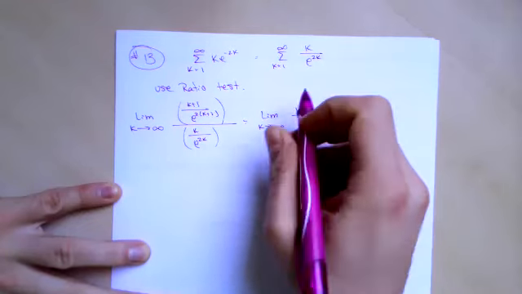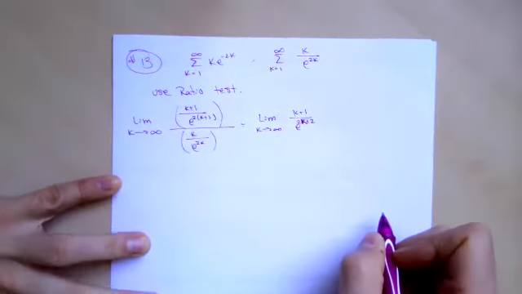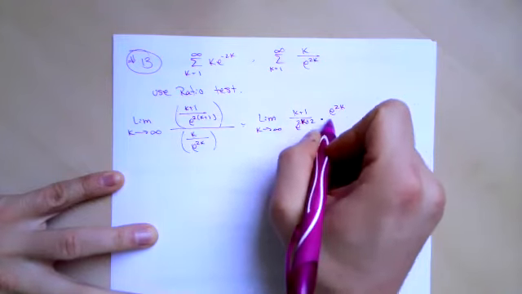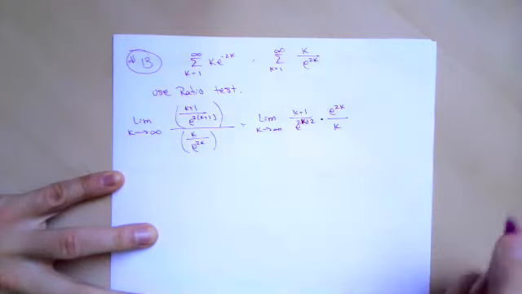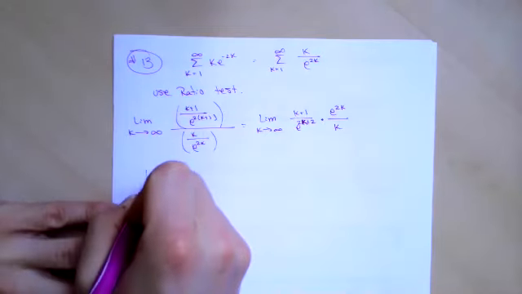Let's go ahead and simplify that. So 2k plus 2 in that exponent, times e to the 2k over k. Order your terms if you'd like.